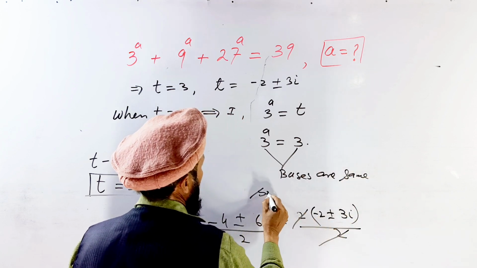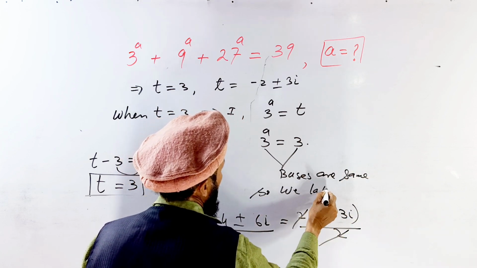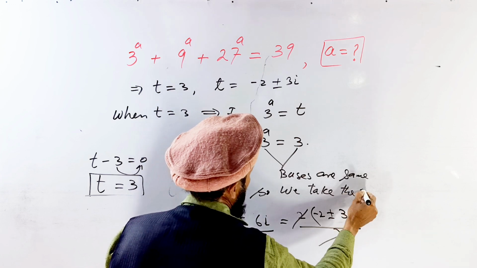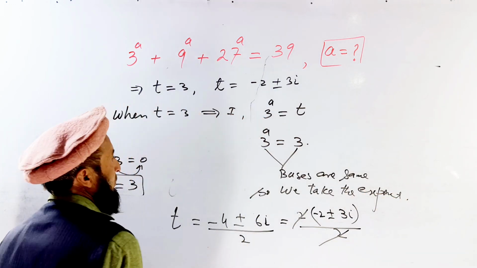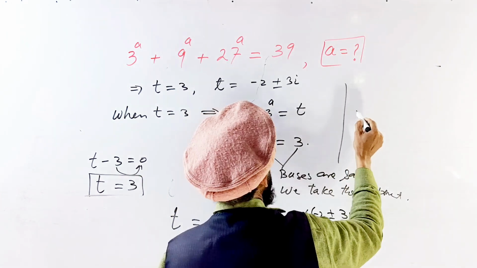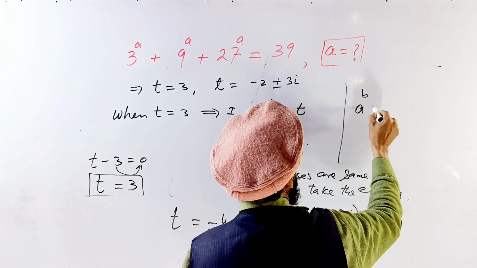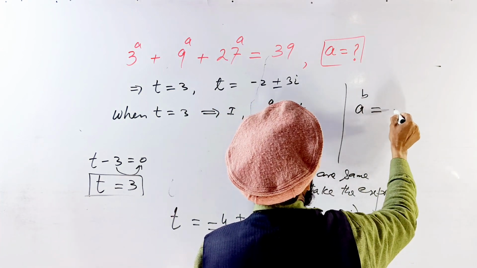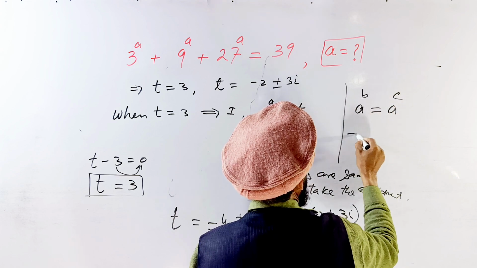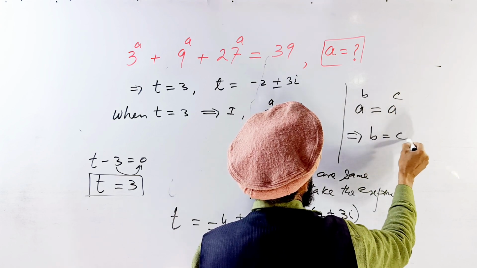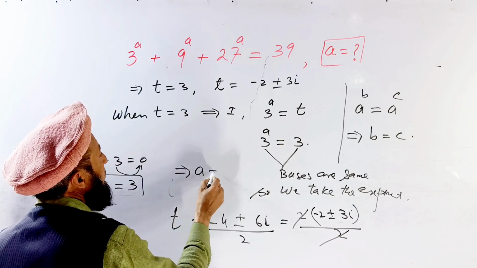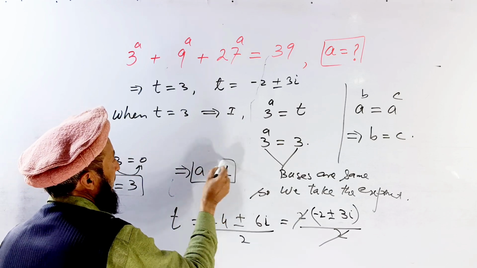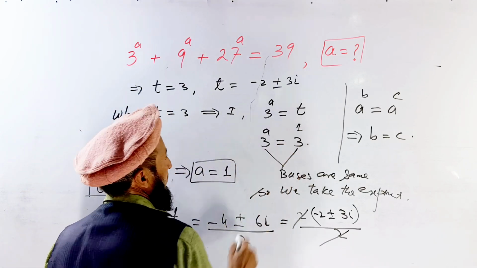So we take the exponents. That is the rule: a power b is equal to a power c, then we can write b is equal to c. And here we can write a is equal to 1 according to this rule.